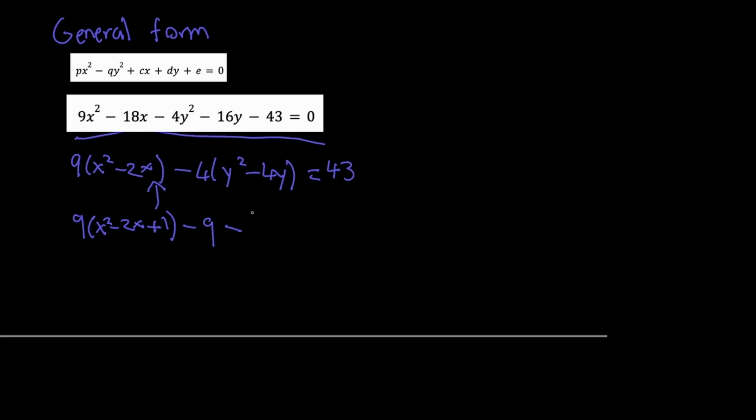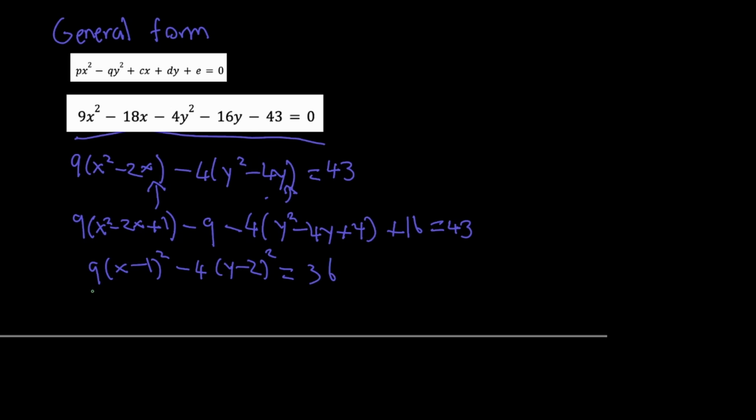And minus, what would we add here to make this a squared expression? Well, we could add a 4, plus 4. And since there's a 4 here, we would have to add 16 this time because we're subtracting this, equals 43. So now we can simplify.